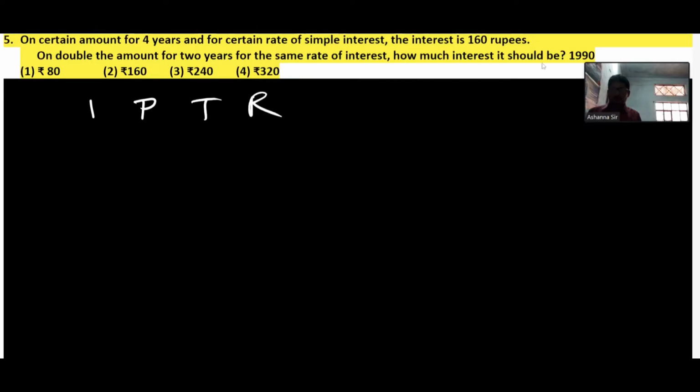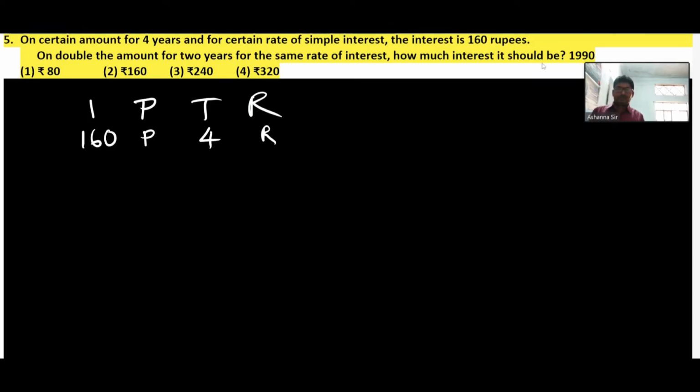On a certain amount means P only, a certain rate means R of simple interest, for 4 years the interest is 160 rupees.